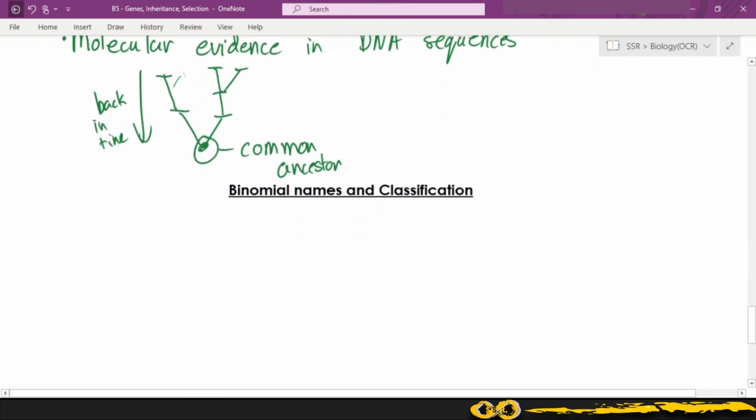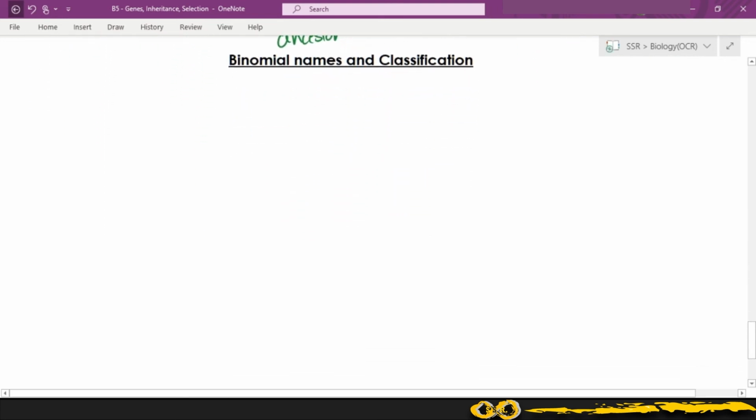All of this leads to a little bit of problems when we go to try and name something or to try and organize something. And so there was a scientist named Linnaeus who developed a way of classifying and putting all these organisms together. The system developed by Linnaeus was a way of categorizing individuals or different species and then of naming them.